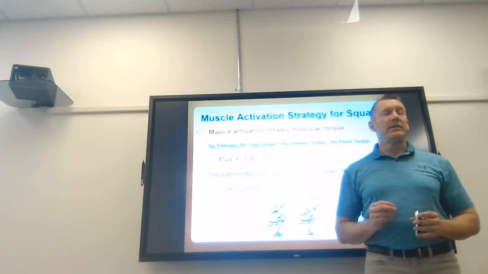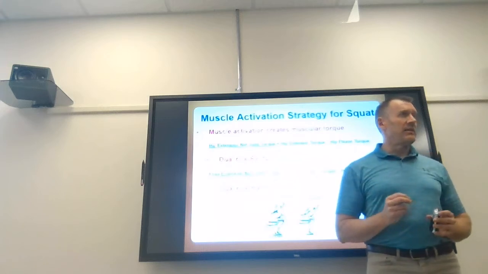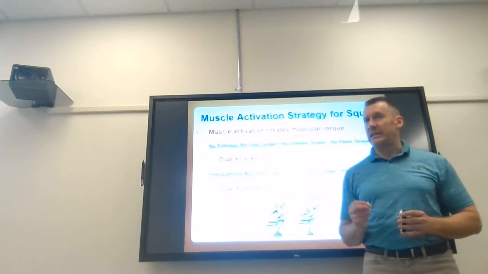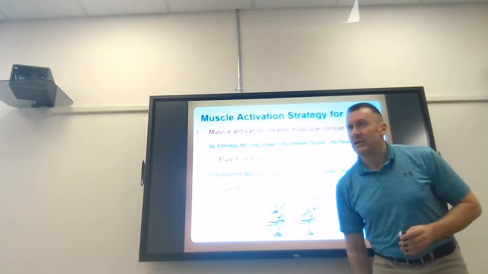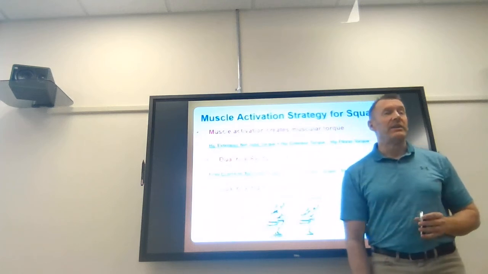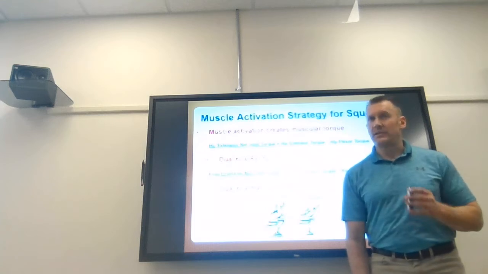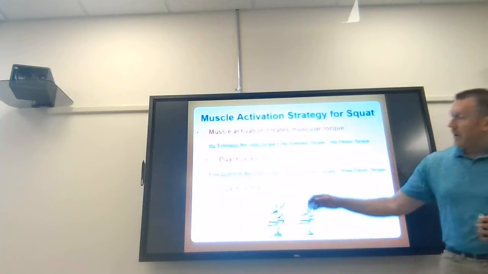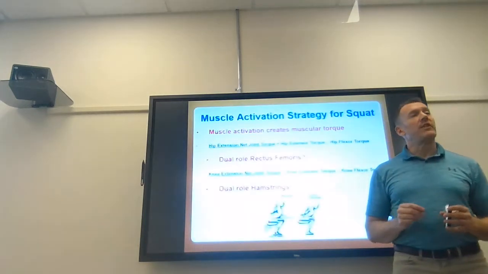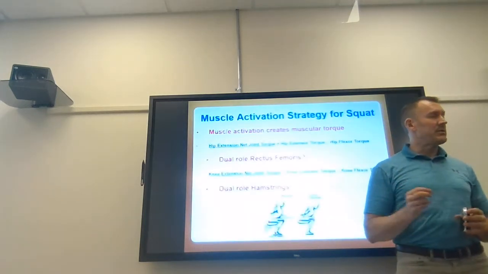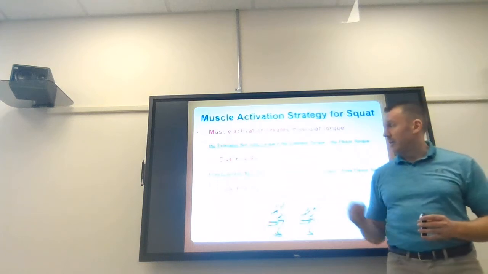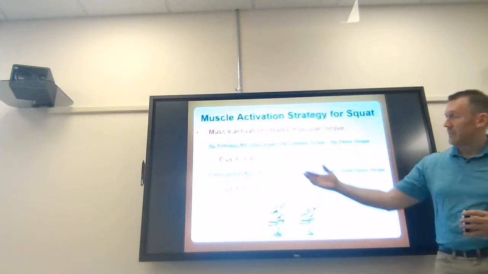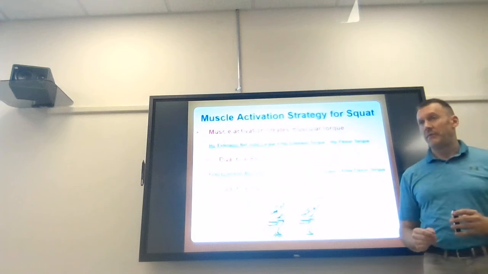So in any EMG study that you see that involves the squat, you get very high activity of the vastus medialis and vastus lateralis, but very little activity of the rectus femoris. Also, you find very little activity of the hamstrings during a squat. And so what that does is it allows the quadriceps to do their job.